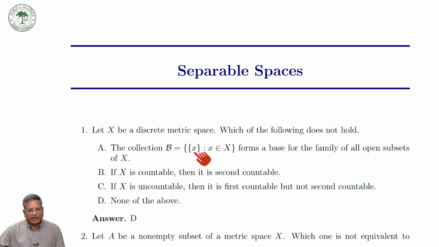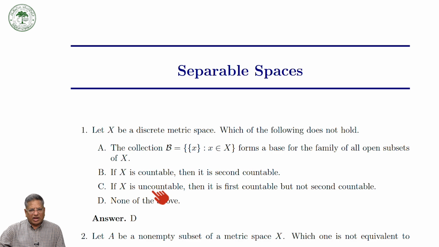Take any point, say x, then x must be in the singleton set {x}, and this must be a subset of an open set. So this statement is correct. The second statement is that if X is countable, then it is second countable. So this statement is also correct.